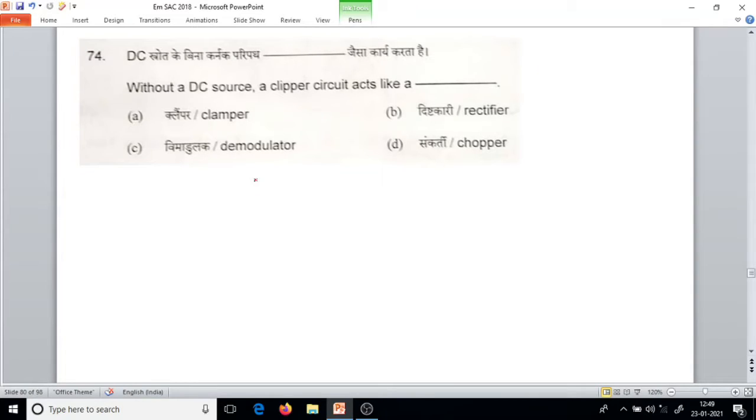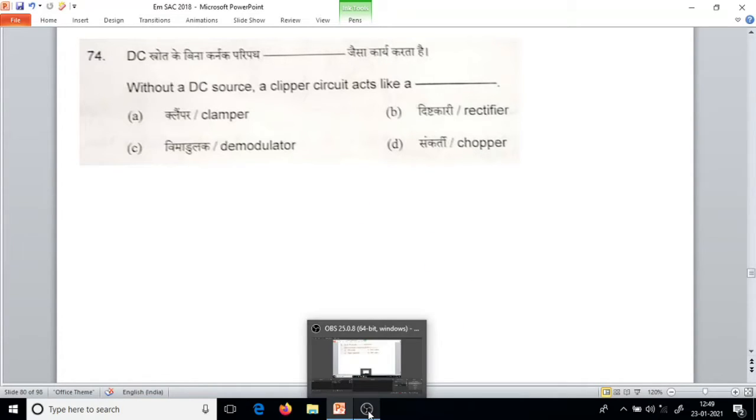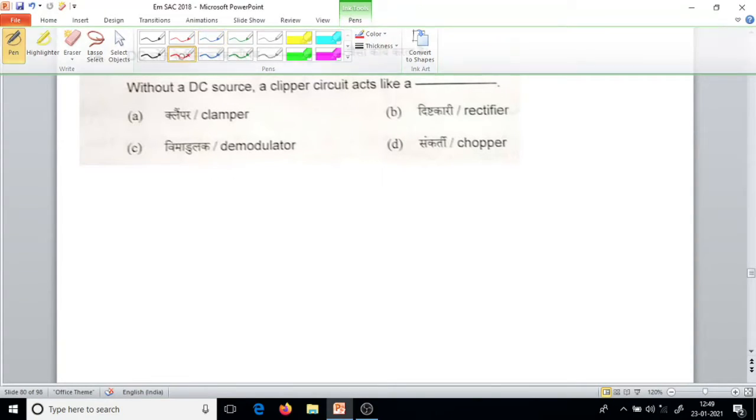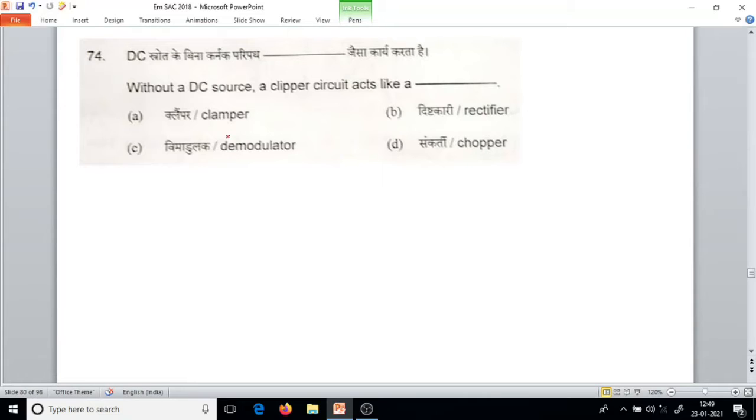So, question number 74. Without a DC source, a clipper circuit acts like. So now we will see what's a clipper circuit. This is a simple clipper circuit. We are giving some voltage source here, and it's considered as a silicon diode.